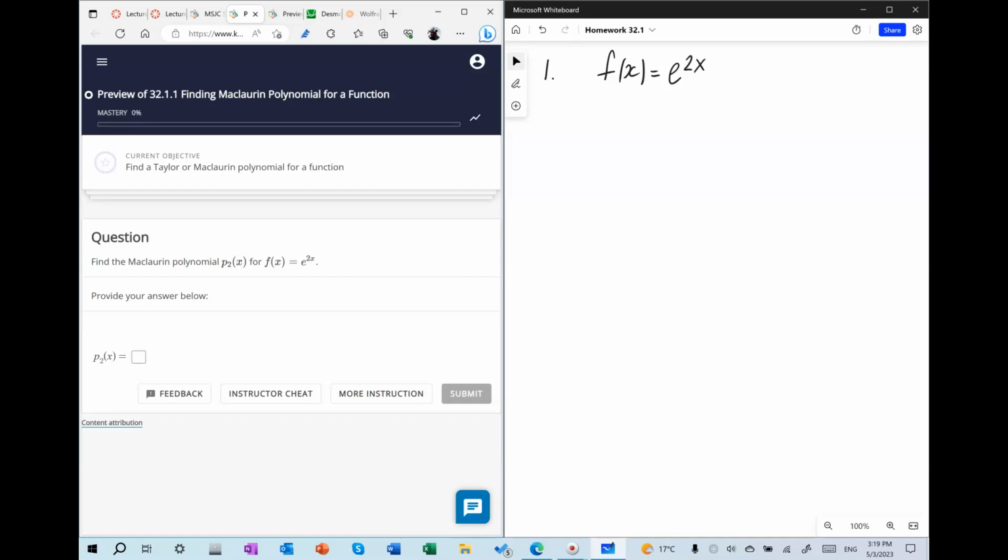That means we are centered at 0, and we have to find the Maclaurin polynomial of degree 2. There are two ways of doing it. One is to pretend that you don't have any past knowledge, and then find the coefficients of the polynomial using this formula.